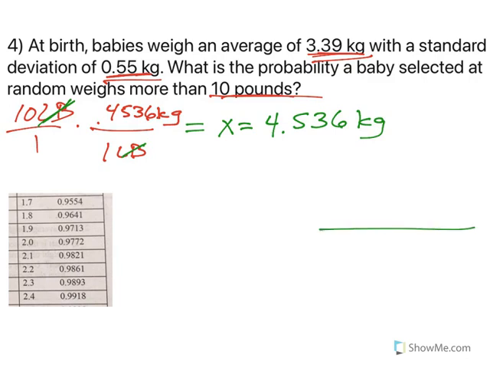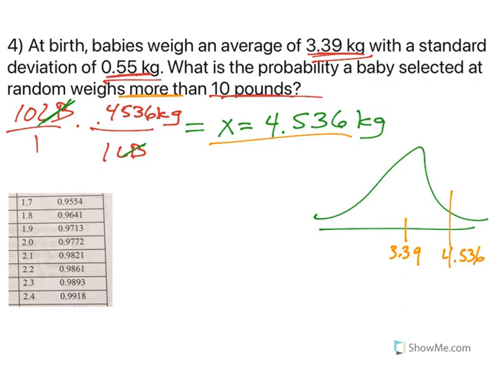We are talking about a normal distribution. The average is 3.39. I'm looking at a value of 4.536, and we're talking about weighing more than that, so we're talking about the area to the right. Well, I need a z-score. So again, how do I find a z-score? X minus the mean all over the standard deviation.